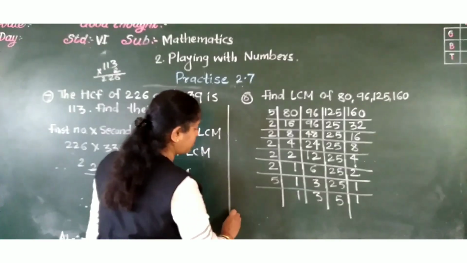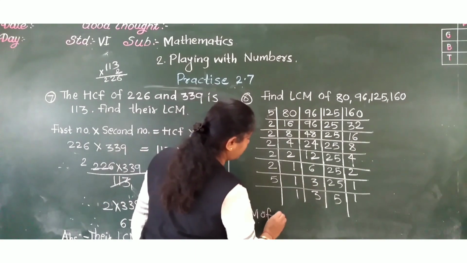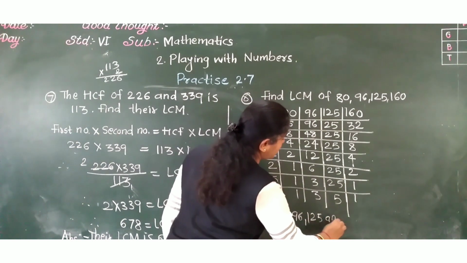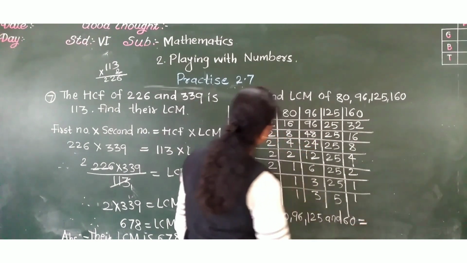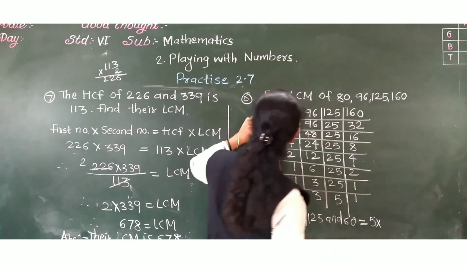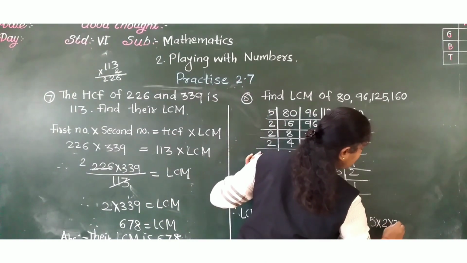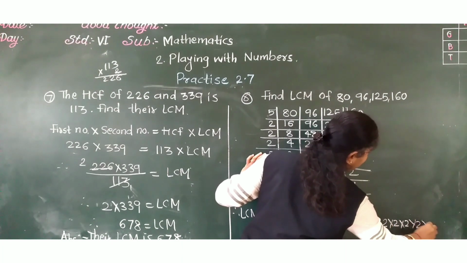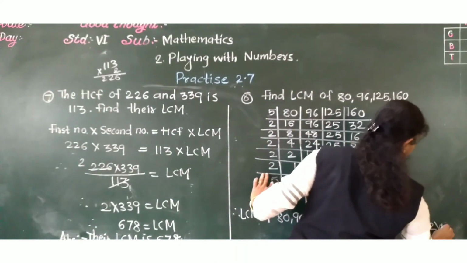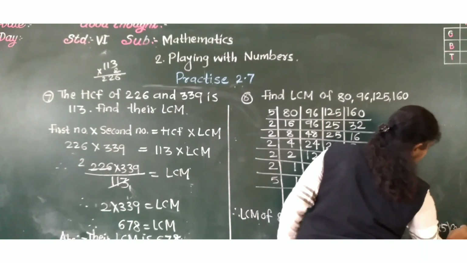So therefore LCM of 80, 96, 125 and 160 is equal to: multiply 5 into 2, 2, 2, 2, 2, then 5 into 5 into 3 into 5 into 3 into 5.